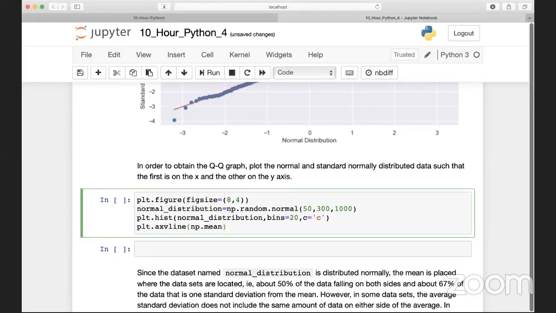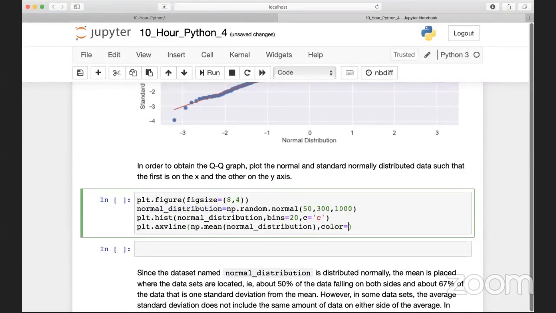I would like to draw a vertical line right at the mean. Starting from the mean on the x-axis, go all the way up. Let's do that. The mean of the normal distribution data coming from here is the location of the vertical line.